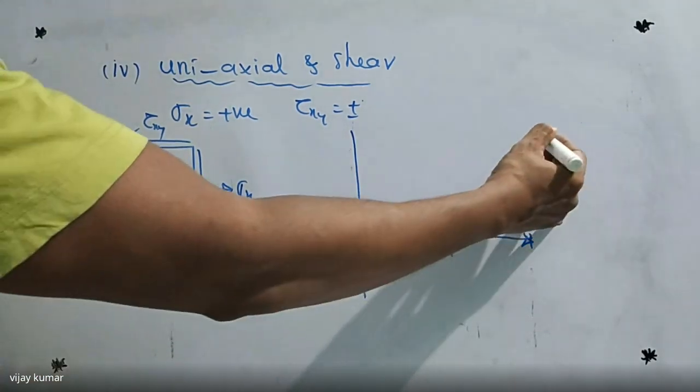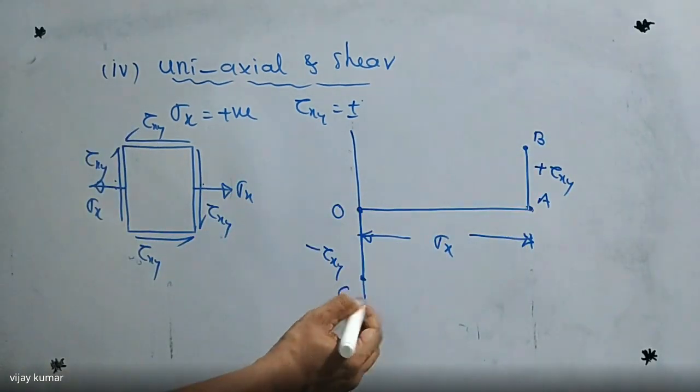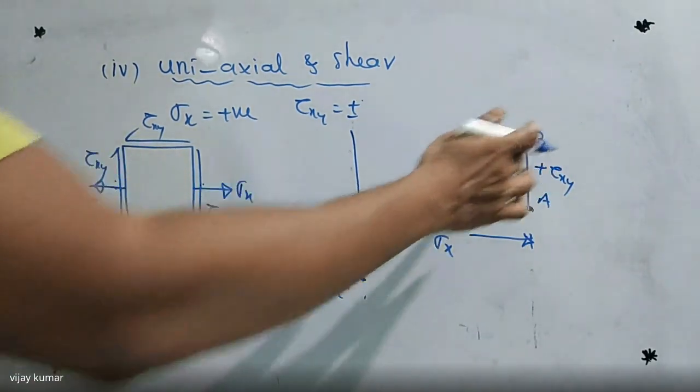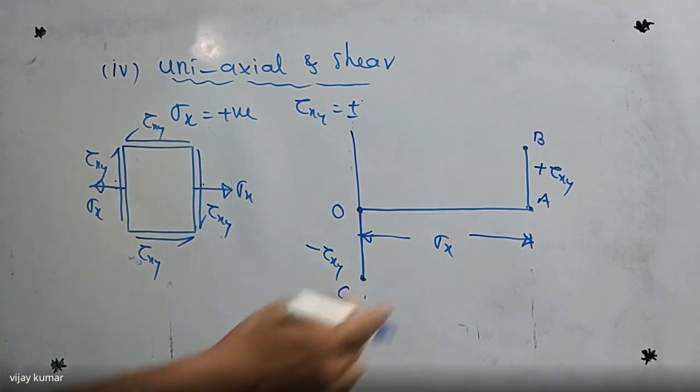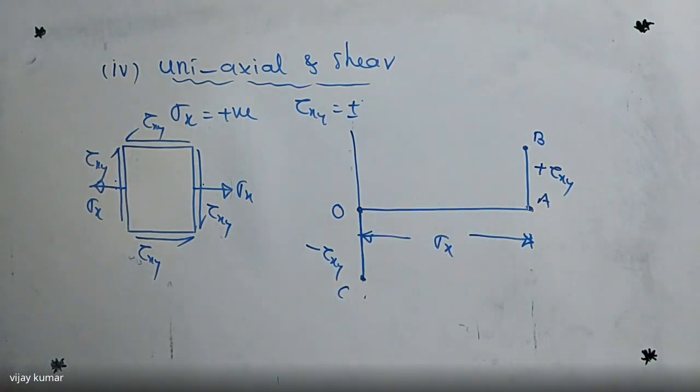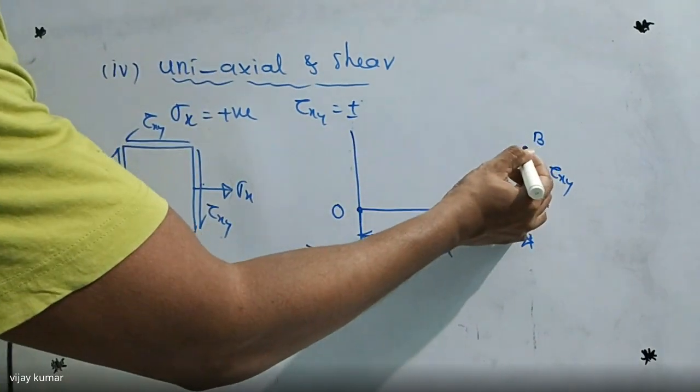So this point is B and this point is C. Both have the same magnitude, but their directions are opposite to each other. Now I'm going to join these 2 points like this.